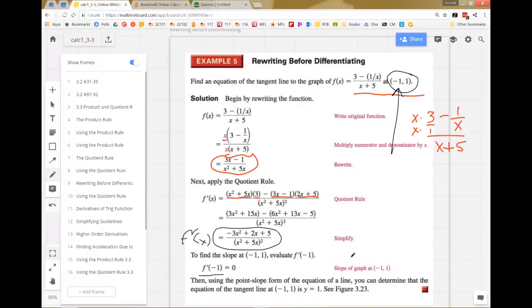And negative 5 plus 5 is 0. And on the bottom, what do you get? Negative 1 squared is 1. 1 minus 5 is negative 4. Negative 4 squared is 16. So you get 0 over 16, which is 0.